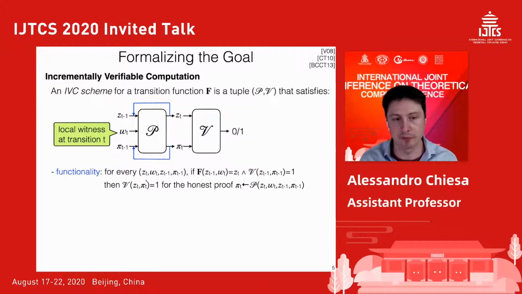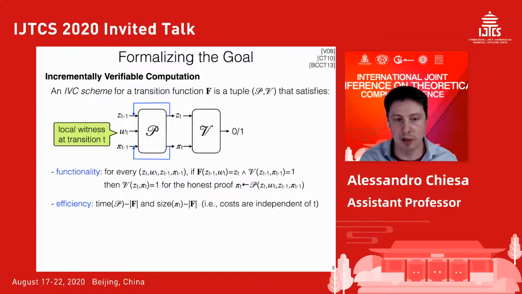Now, this would be rather trivial to construct if it wasn't for the main efficiency property that we want out of this primitive, which is that each time you apply the IVC prover, you should only pay for the local computation f.